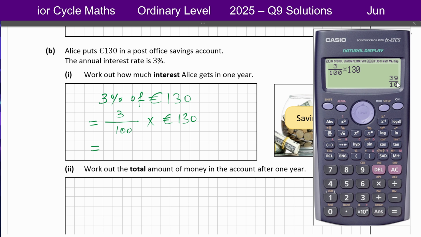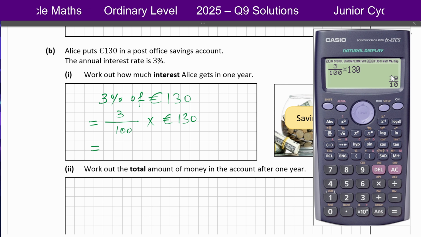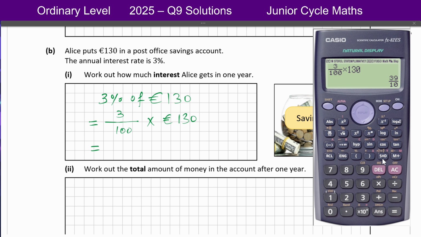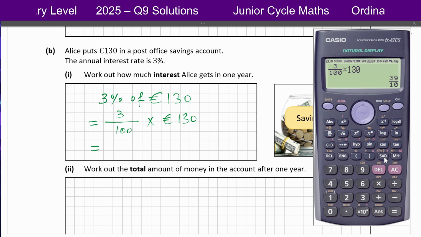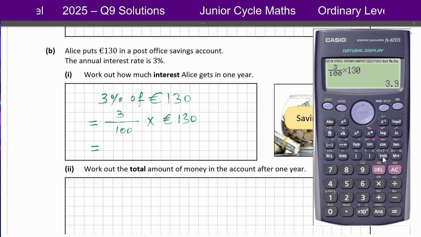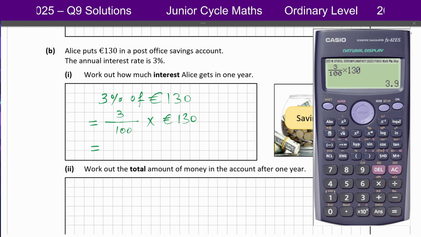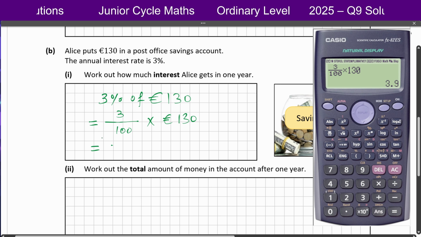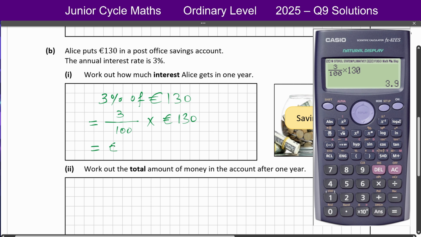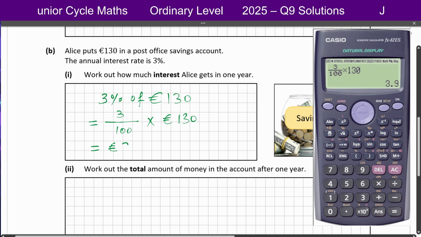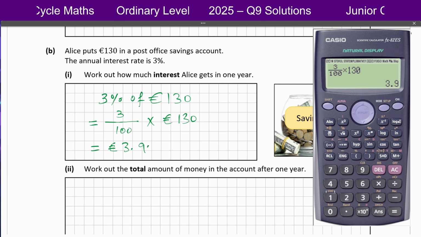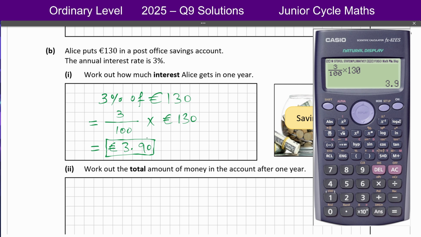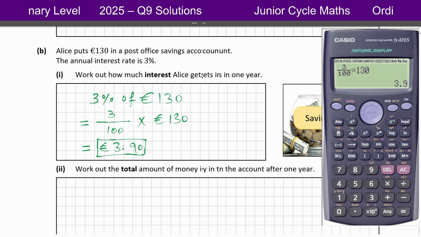This is the answer in fraction form, and we can get the corresponding decimal form using the S-D button. The answer is €3.90. So we write it down: euro, €3 and 90 cents. That's the correct answer for the first part of this section.